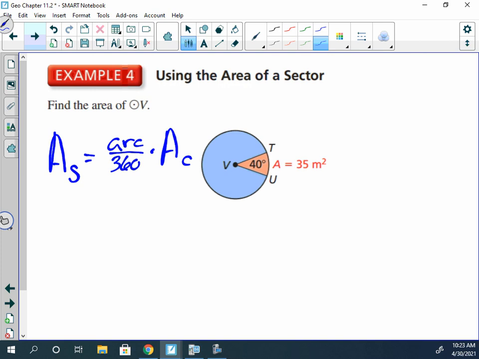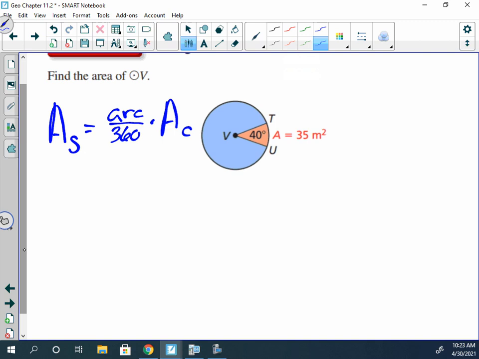What do you think? Of? So the area of our sector would be 35. Because that's what we do know.